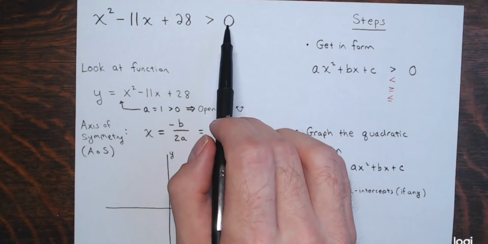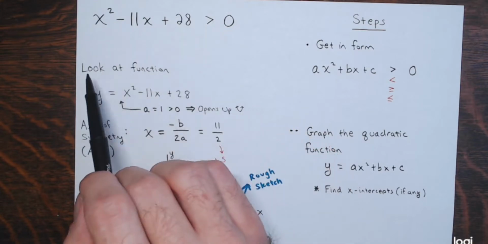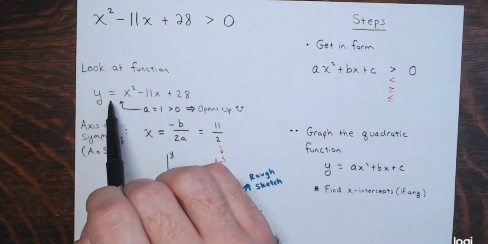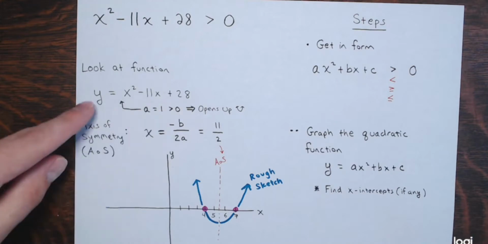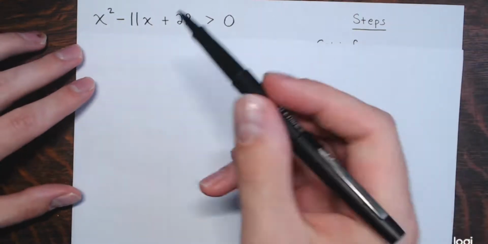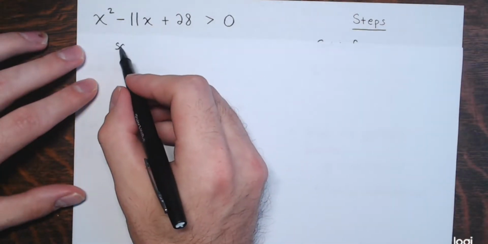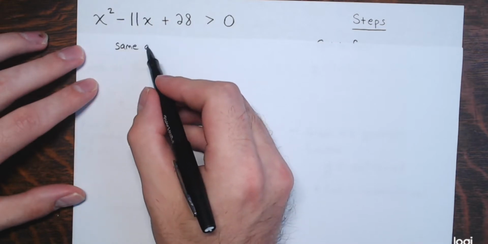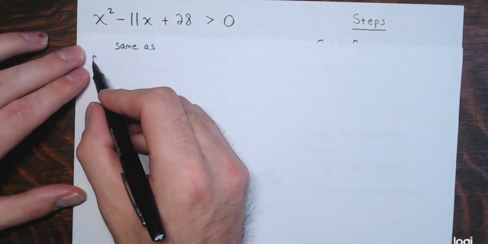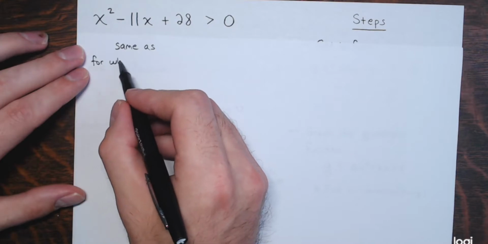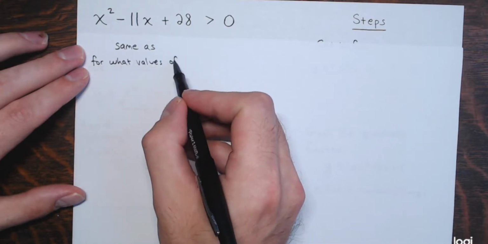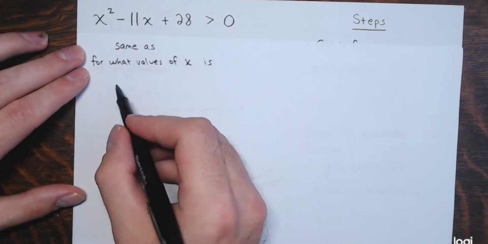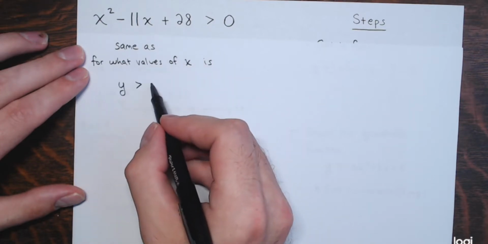What values of x? Well, if we consider the function y equals x squared minus 11x plus 28, if I replace the x squared minus 11x plus 28 with y, this is all of a sudden the same as, for what values of x is y greater than 0.